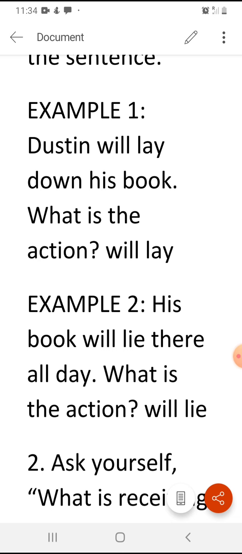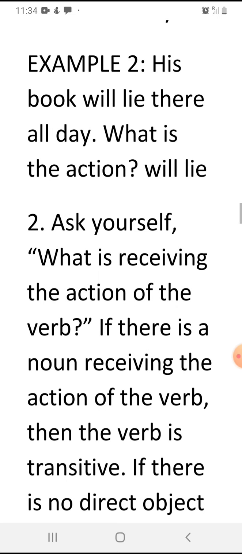If we ask the question, Dustin will lay down what? We get the answer, his book. His book is the answer, and that is completely different from the subject Dustin. So, this answer is called the object. As the verb is having an object, we say the verb will lay is the transitive verb.